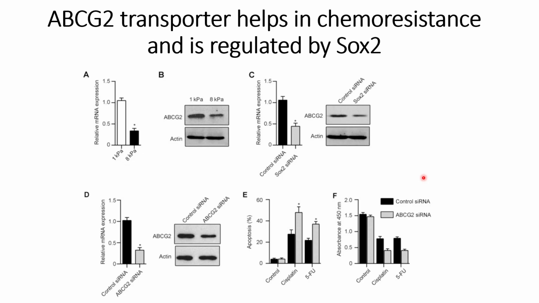So this is what they conclude, that ABCG2 can be a chemotherapeutic target. But they did not mention in the results section that it will be a chemotherapeutic target; this is what I can infer from the results presented in their paper.